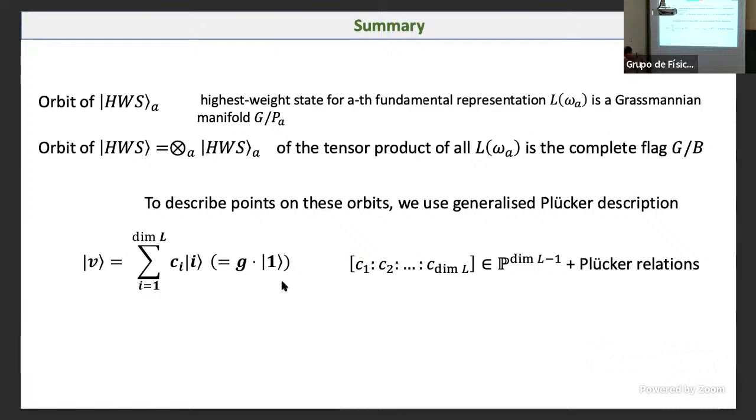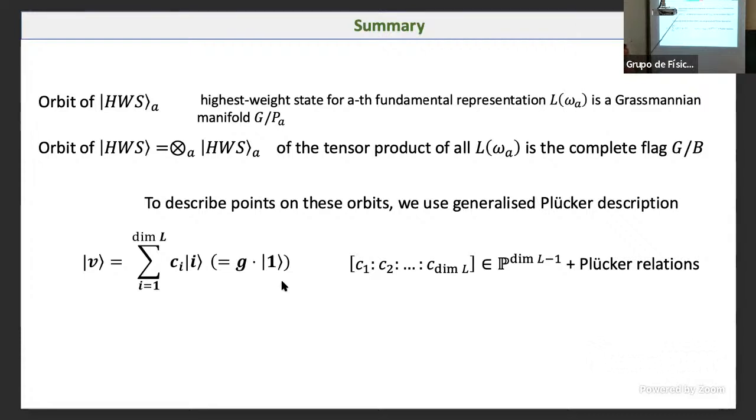Okay, so let us make a summary. If we take the highest weight in the a-th fundamental representation, the orbit will be what is called the Grassmannian manifold, G quotient P_a, where P_a is one of the maximal parabolic subgroups.